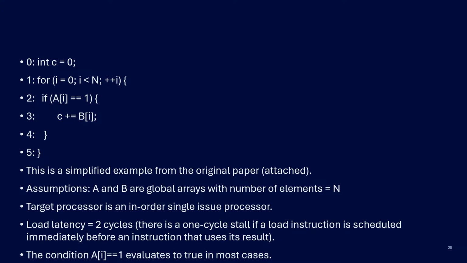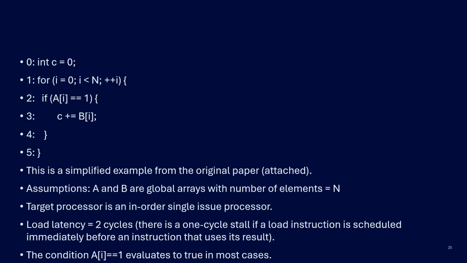So this is clear. B0 is this block, and B4 is this L3. From here there is a possibility of going to L3. That's why there is an edge from B0 to B4. If not, it will go to B1, which is this block. From B1 we can either go to B3 or to the next one, that is B2.